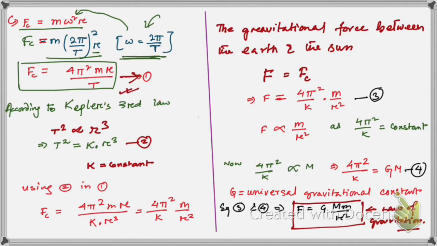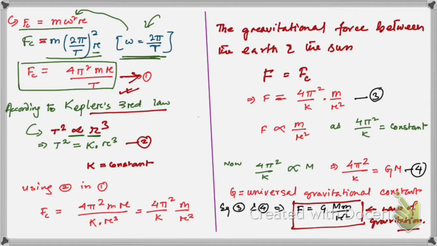So now according to Kepler's third law, the square of the time period is proportional to the cube of the distance between the star and planet, that is sun and earth.